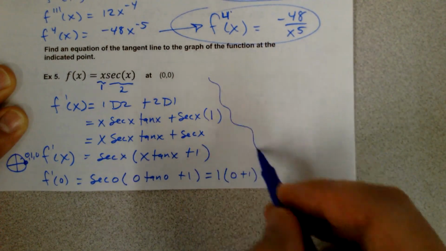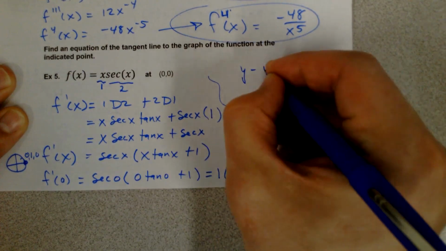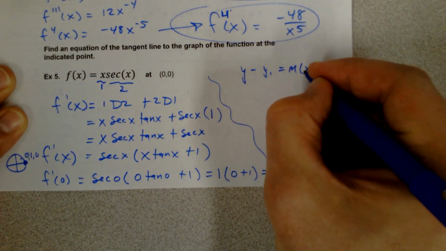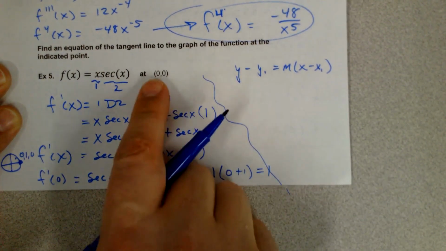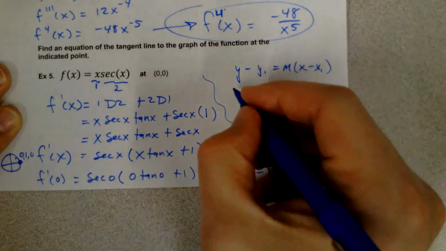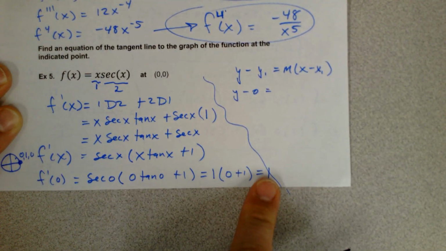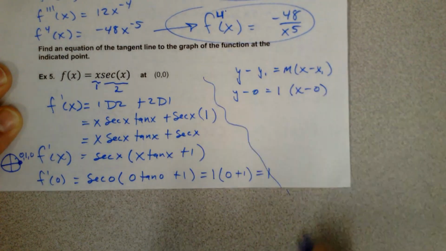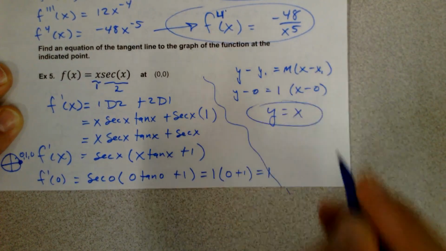Okay, so now I'm ready for my tangent line. I've got y minus y1 equals m, my slope, times x minus x1. The coordinate point I have here is x1, y1, so I can plug that in. And then my slope at 0, 0 is 1. So final answer, y equals x.